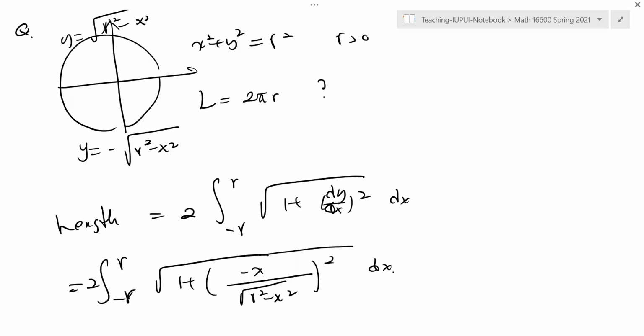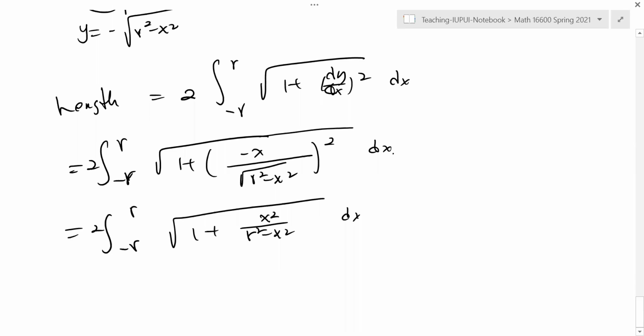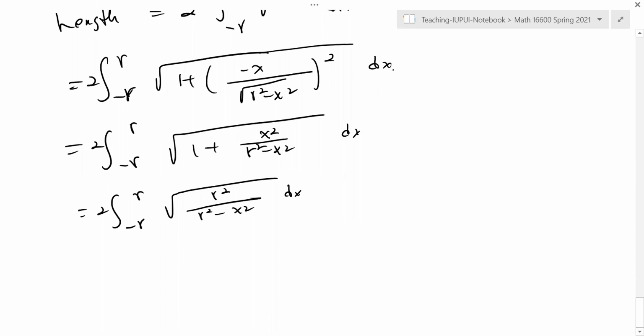You can find the derivative because it's the square root of r squared minus x squared. I'm pretty sure this is correct. Then when you square it, you get x squared over r squared minus x squared. Then you combine those two terms inside, the x squared is gone, so you will get just r squared over r squared minus x squared. Since r is a positive number, I take the r out.